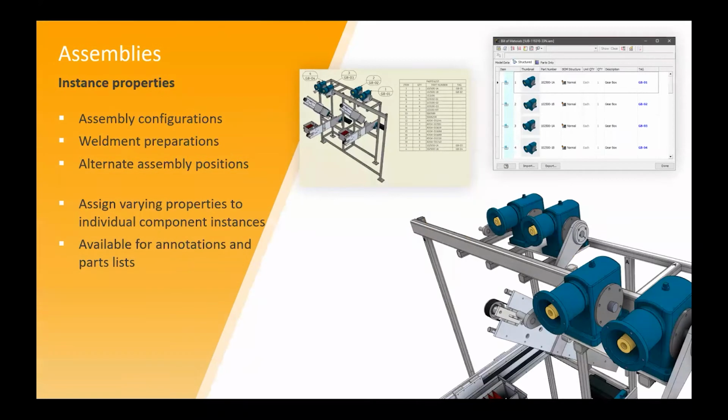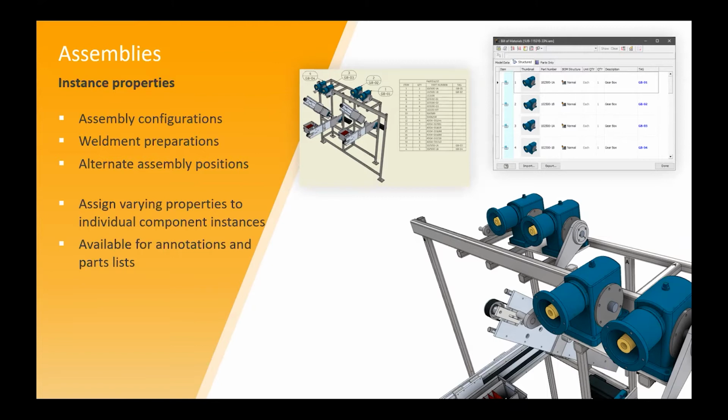When we talk about assemblies, we can have instance properties for particular componentry. Basically, this allows us to assign properties to individual components or instances. Assigned properties are stored in the parent assembly.